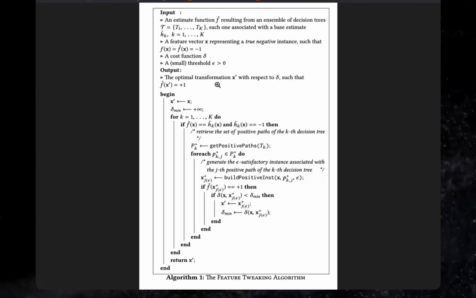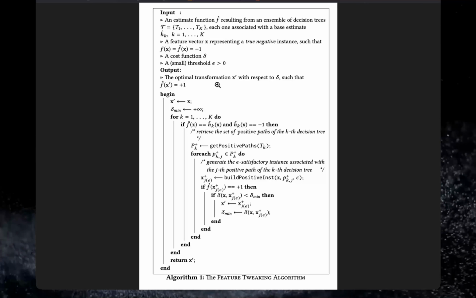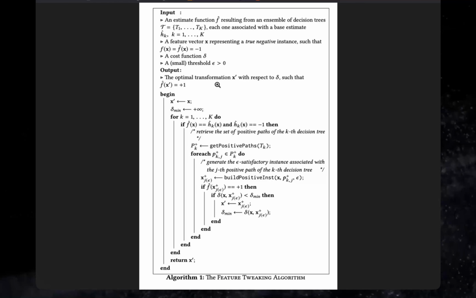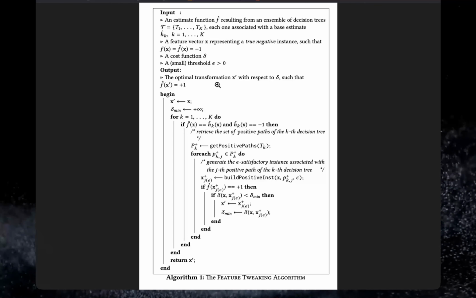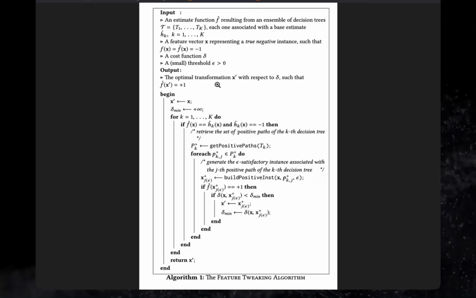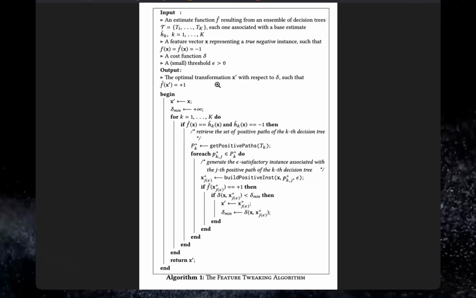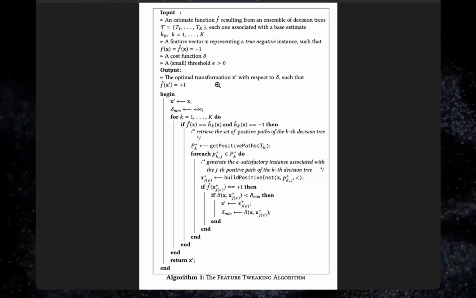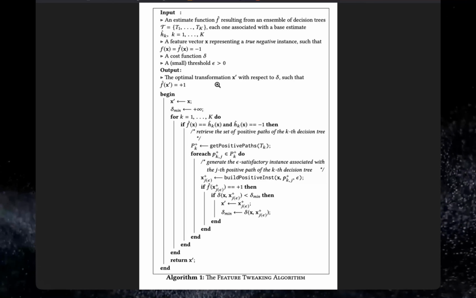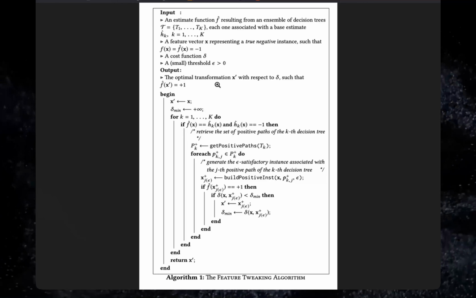So the high level idea for this paper is we have an ensemble of decision trees, right? And we have a feature vector, which is just the inputs for a decision tree, right? And the idea is we want to modify the features in the most minimal kind of way so that we flip the label.